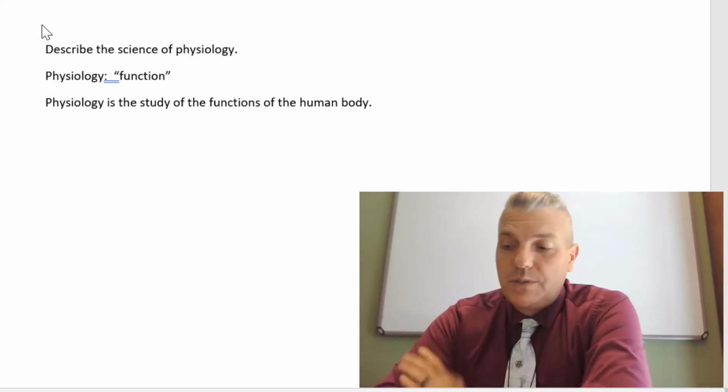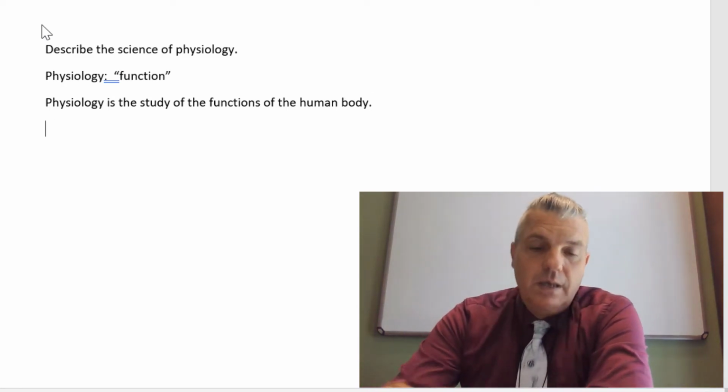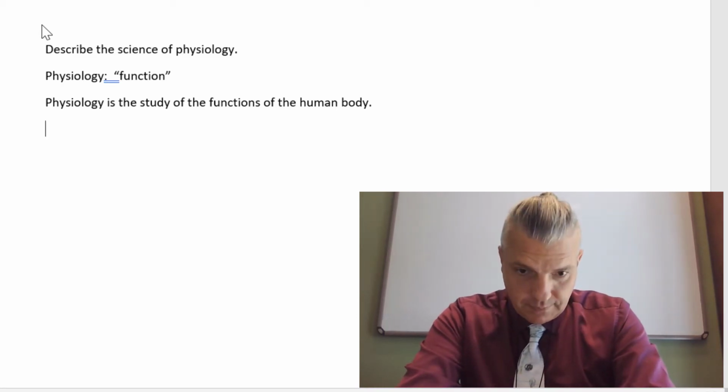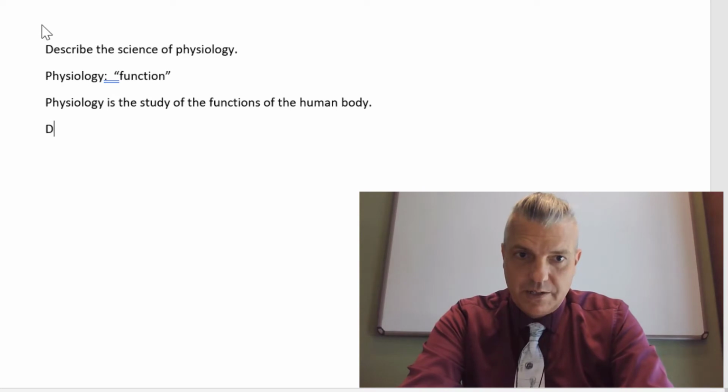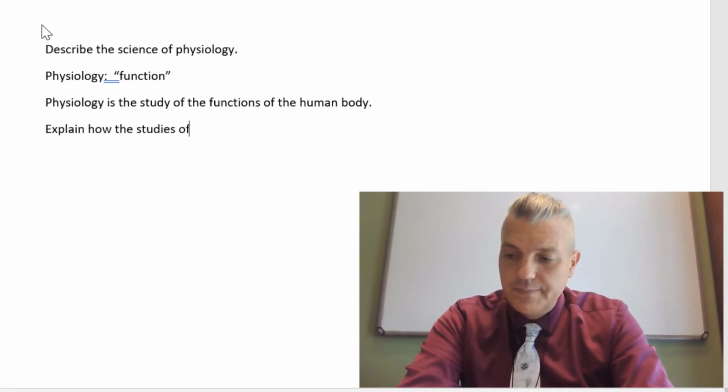Yeah, that was quick. Let's do the next one too, as long as we're here. Explain how the studies of form and function are interrelated. In other words, describe, oh no, we're looking at interrelationships. Let me just type it out. Explain how the studies of form and function are interrelated.